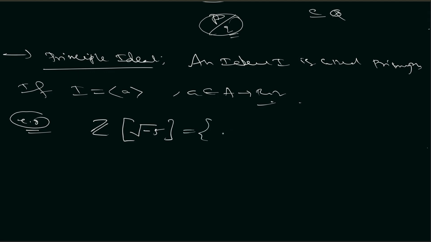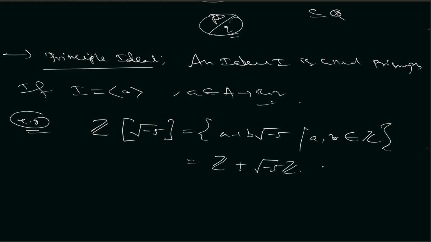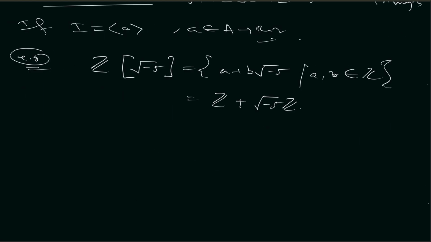Its elements are a plus b√-5, where a, b are in Z. It is a ring, and it can also be written as Z plus √-5 Z. Now I am taking an ideal here: suppose this is (3, 2 plus √-5).